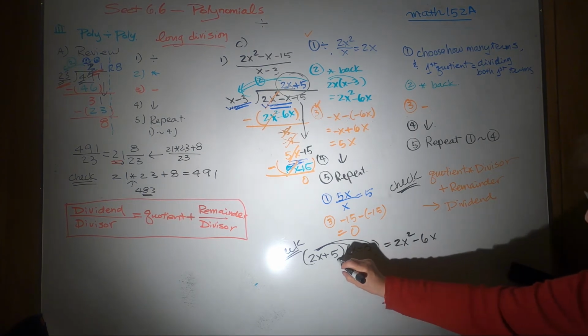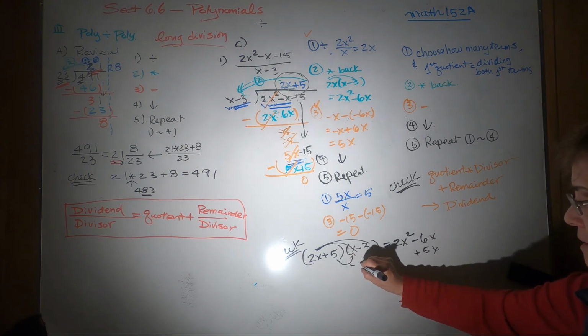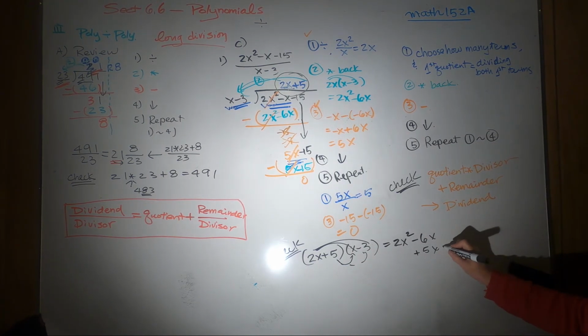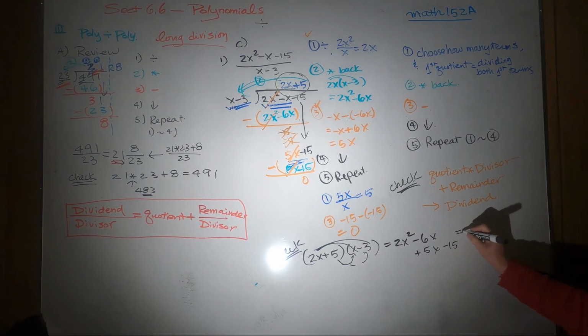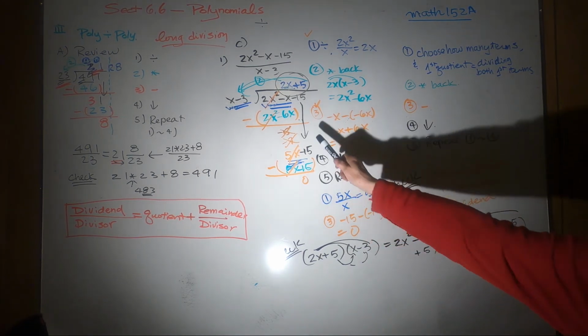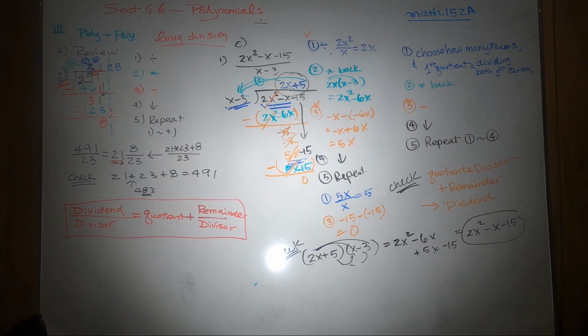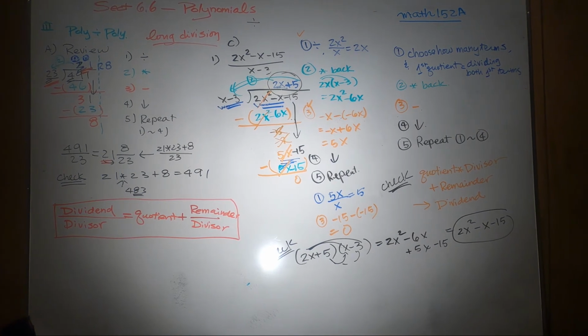Then plus 5x, then last one would be minus 15. So we combine like terms. We have 2x squared minus x minus 15. Did we get back? Yes, we do.